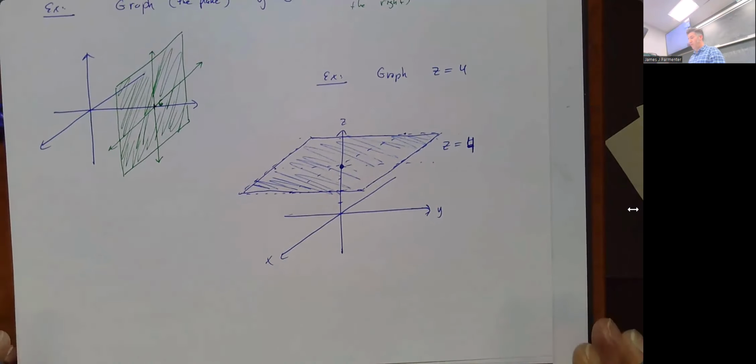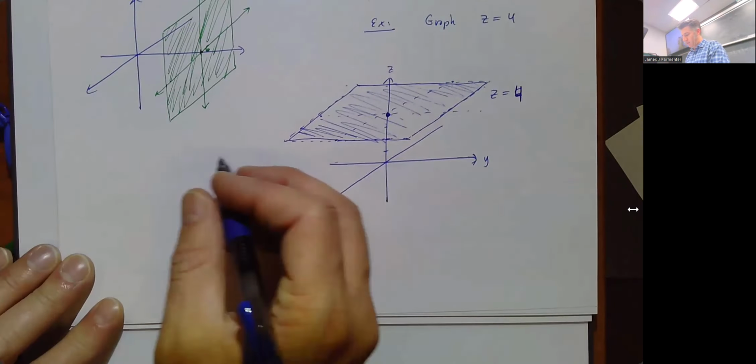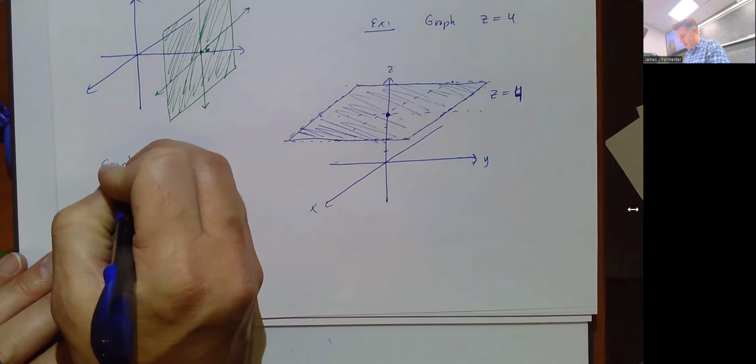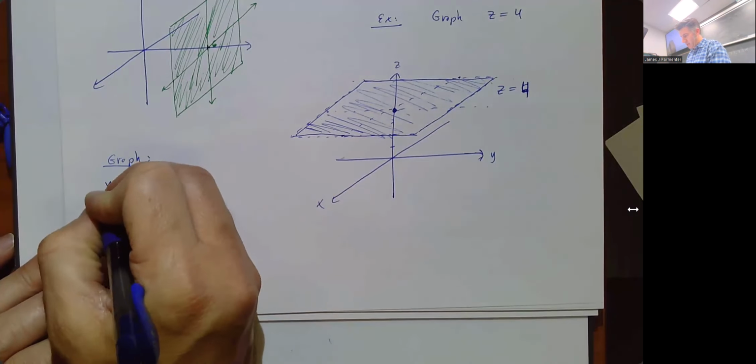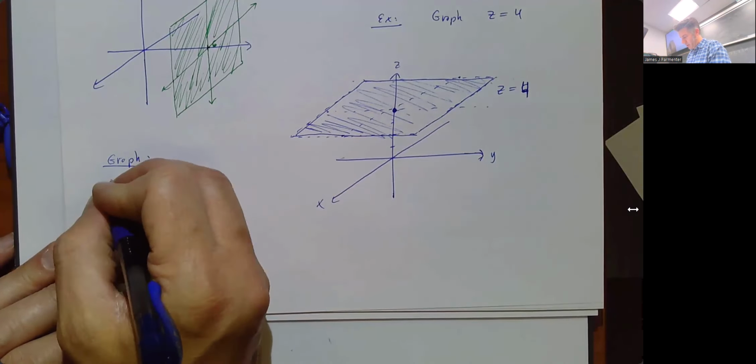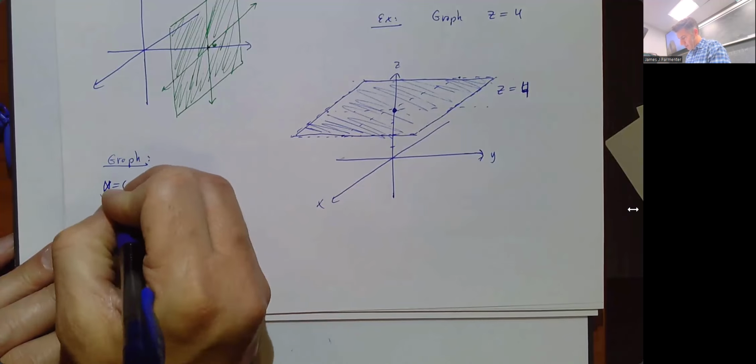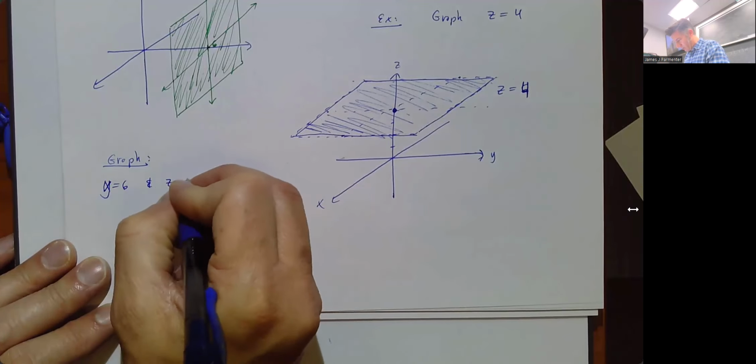So let's say we wanted to graph, and this is where things get kind of annoying, the equation y equals 6 and z equals 4.